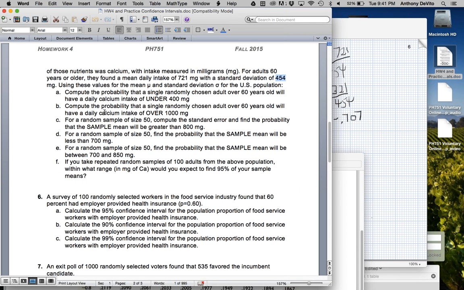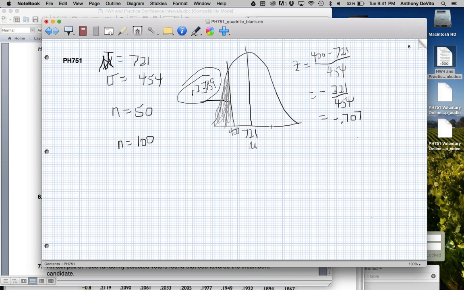Let's take a look at what the next part of this question is going to be. The question has a lot of different parts. The probability that a single randomly chosen adult over 60 years will have calcium intake over 1,000. Okay, well, in this case, we're looking at 1,000, right? So our z-score is going to be equal to 1,000 minus 721 over 454, which is 289 divided by 454.